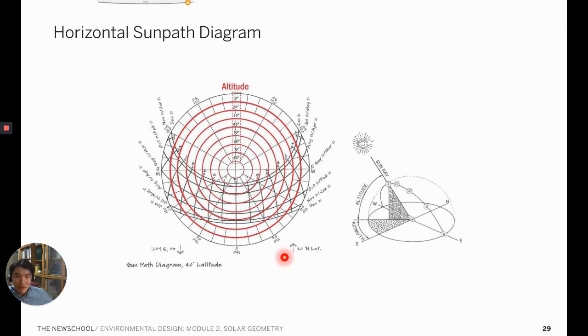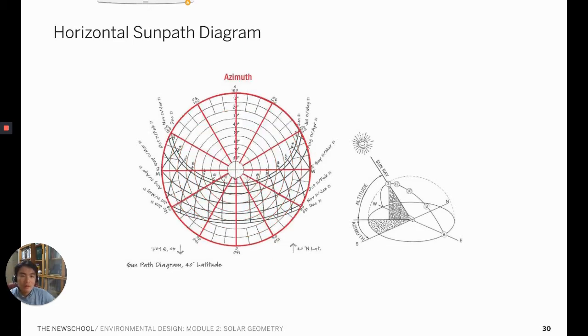As it gets closer to the center, it means the sun is higher in the mid-sky. These radial lines represent the azimuths, representing the horizontal projection of the sun's location, and it is measured from due south toward east or west.